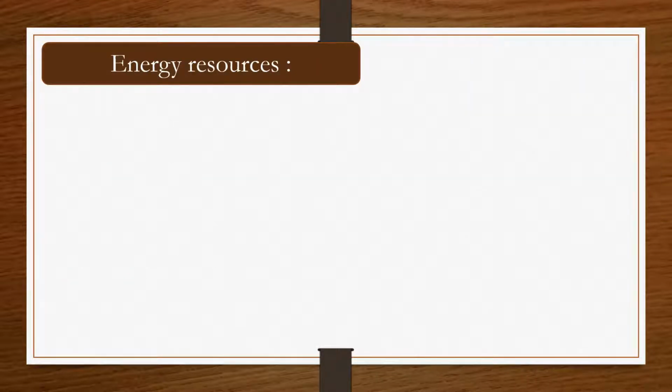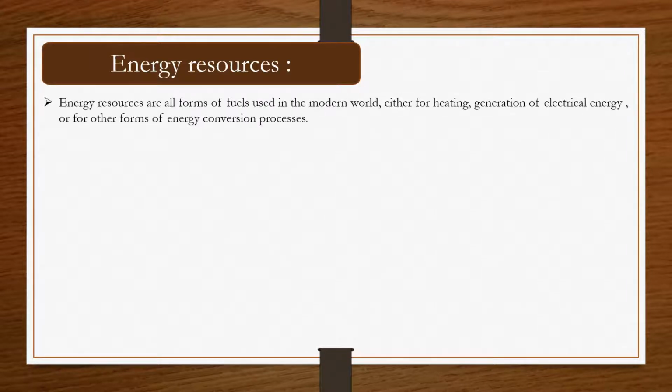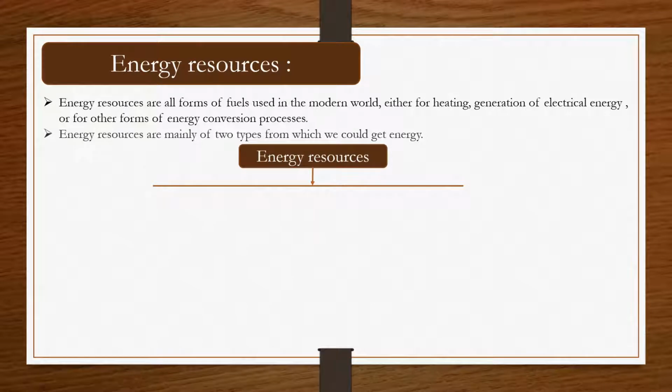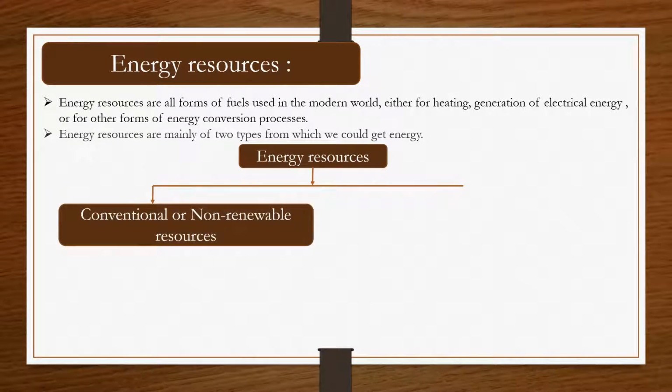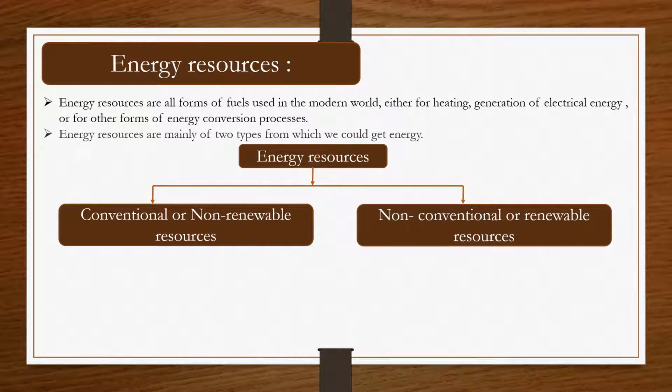Now students, what are energy resources? Energy resources are all forms of fuels used in the modern world, either for heating, generation of electrical energy, or for other forms of energy conversion processes. Energy resources are mainly of two types from which we could get energy: conventional or non-renewable resources and non-conventional or renewable resources.